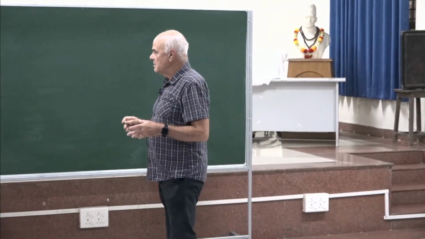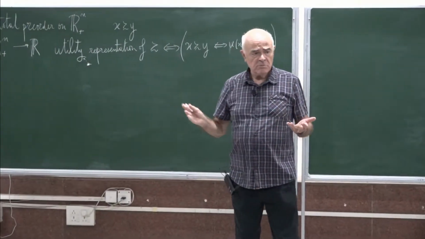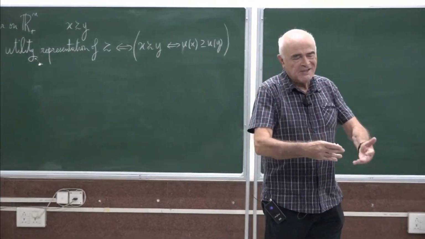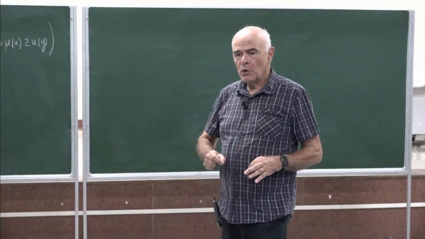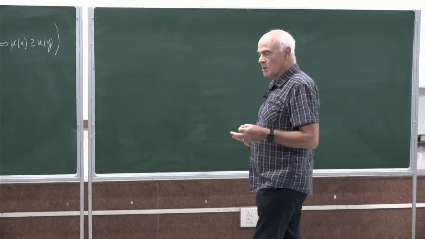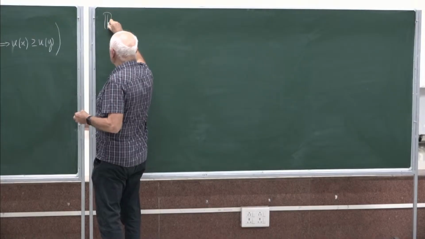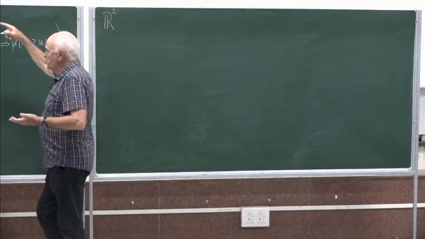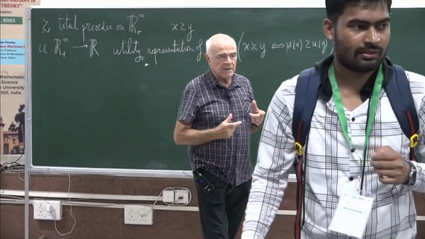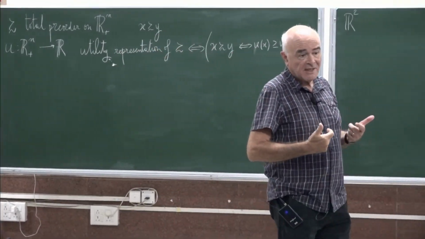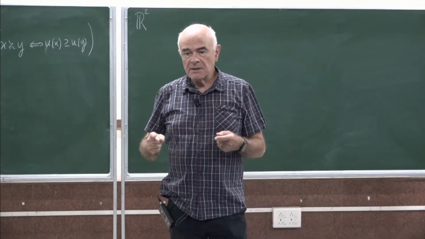To make things simple, let us do it in R2, but the same argument with no changes works for every n greater than or equal to 2. So in R2, well, I consider R2, but it could be R plus 2, because as you are going to see, the argument is a matter of cardinality, and the cardinality of R is the same as the cardinality of R plus.